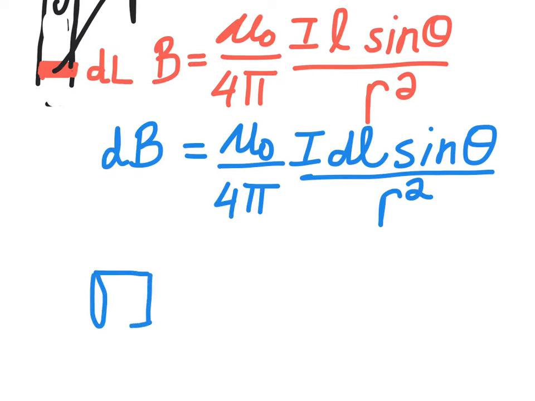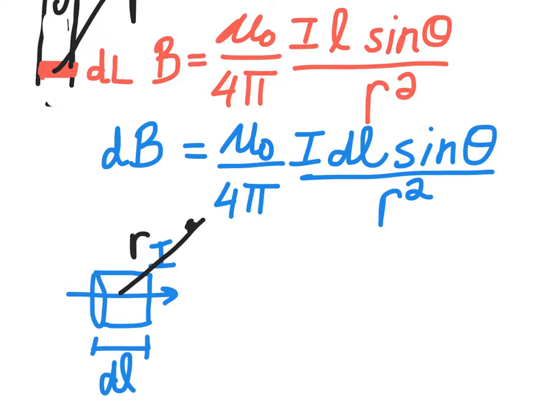So that would allow us to find, if we took the tiny little piece, so I'm going to just draw here that little piece of wire with a specific current. The current through here is constant, right? That value is I. And this little piece of it is dl, right? And let's just say the point is perhaps right here. Well, that's some distance r away, and this angle right here is theta.